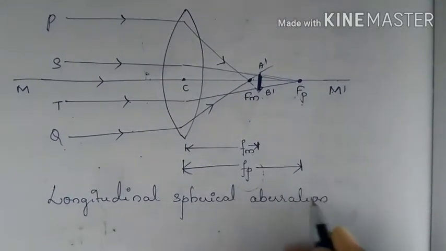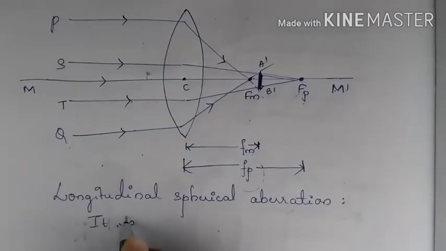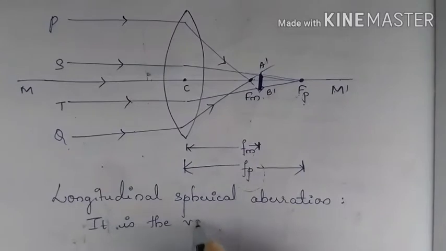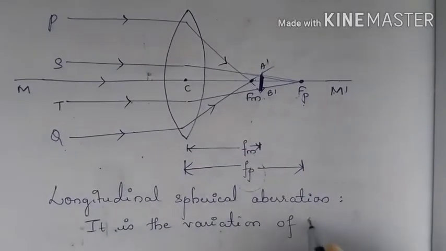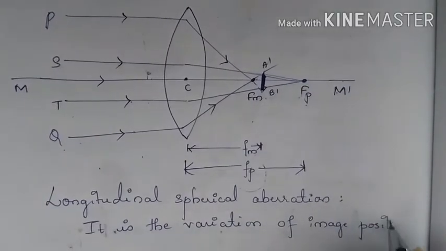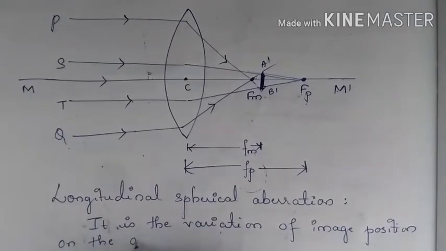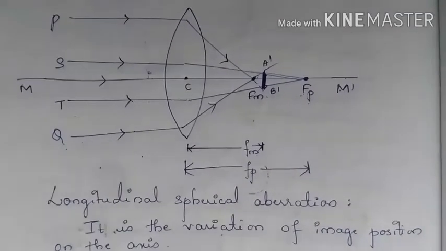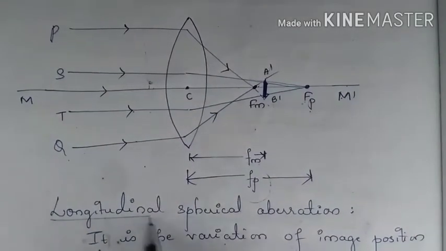So what is longitudinal spherical aberration? It is the variation of image position on the axis. That is known as longitudinal spherical aberration.